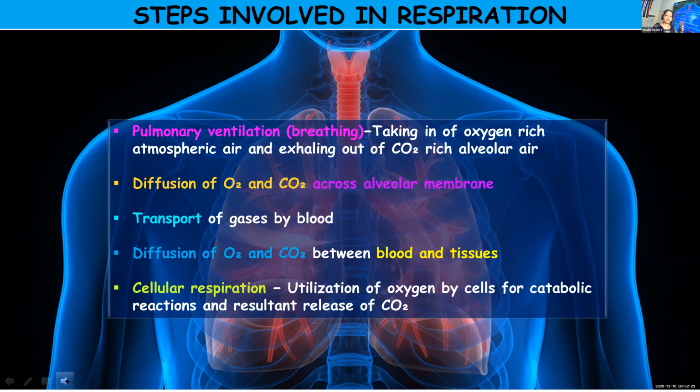Again, this carbon dioxide formed in the cells as a result of respiration will be taken back by the blood to the alveoli, and from the alveoli oxygen will be supplied to the cells by blood. So this process keeps on going in your body in a cyclic manner.